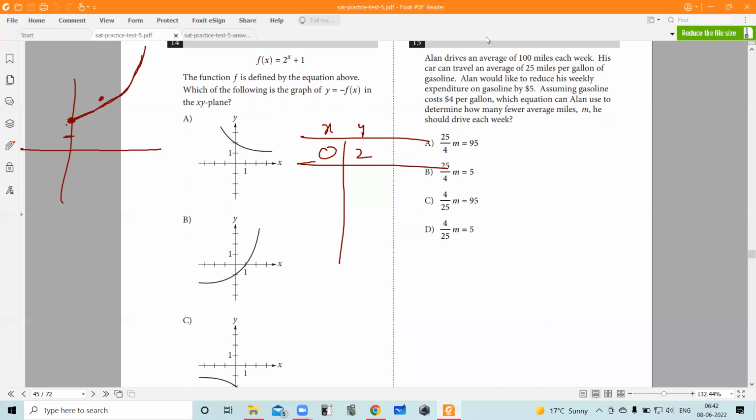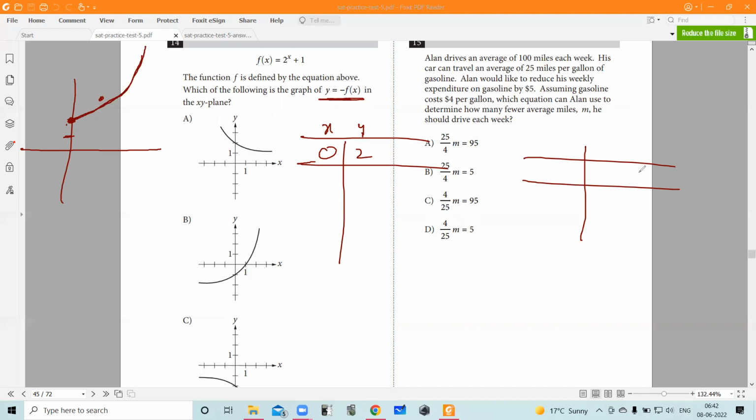Now the thing which is given here is y equals negative f of x. So we'll be doing the same thing. Negative f of x means what? That's what I was confused about. I didn't know what that meant.